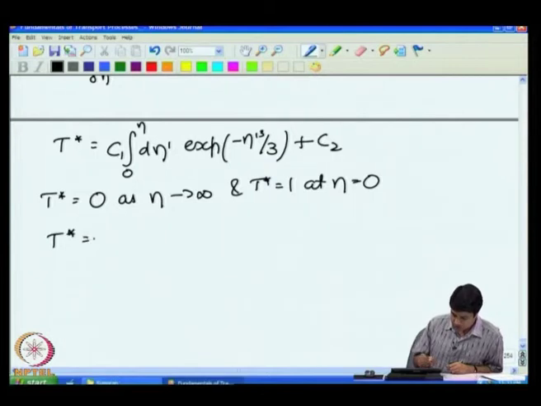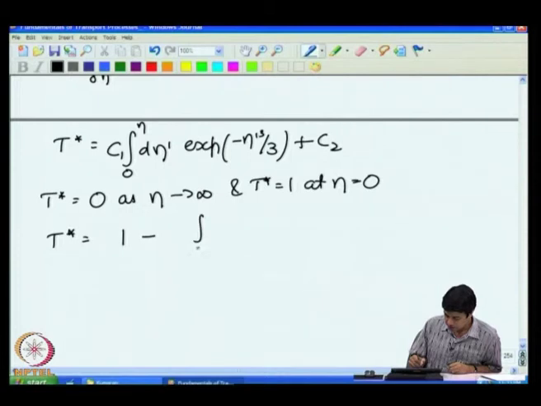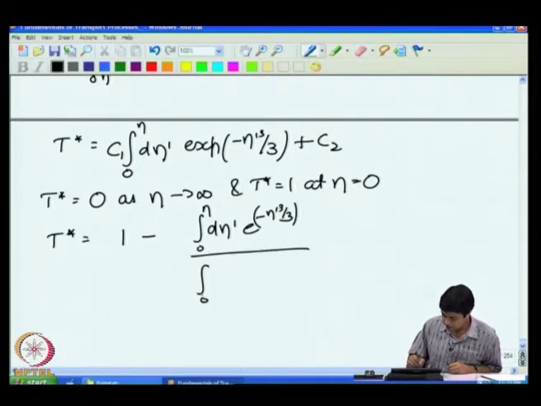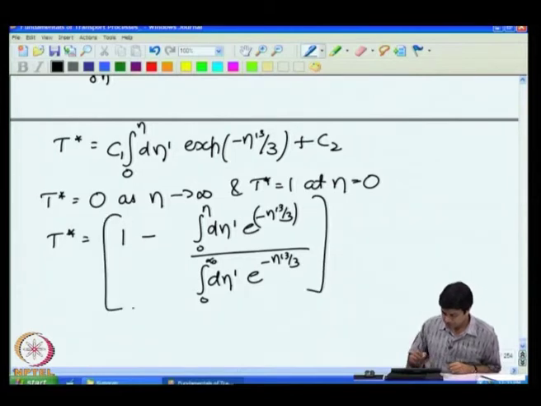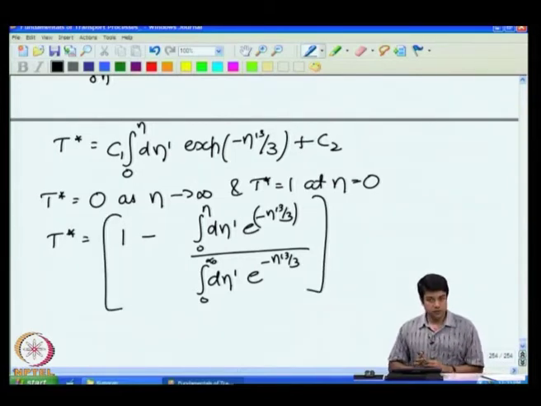So, the final solution after imposing the boundary conditions turns out to be integral of e power minus eta prime cubed by 3 divided by integral 0 to infinity. You can easily verify that this solution is 1 at eta is equal to 0 and it is 0 as eta goes to infinity. Okay.